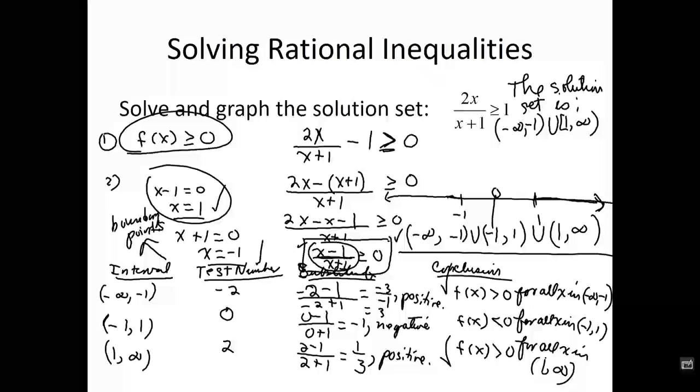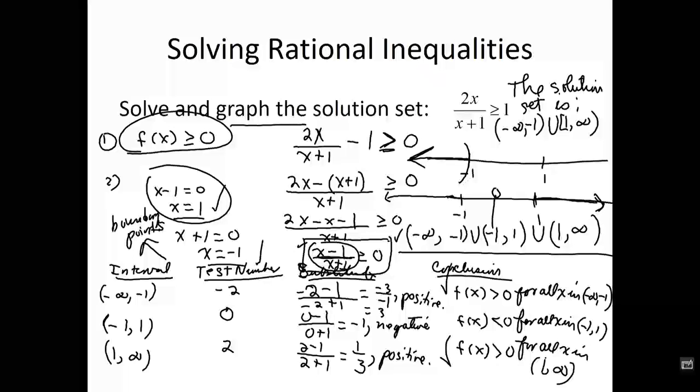All right? And then it says graph the solution set. Let's graph this. Here's negative 1 and 1. For all real numbers less than negative 1, it's this and everything to the left.